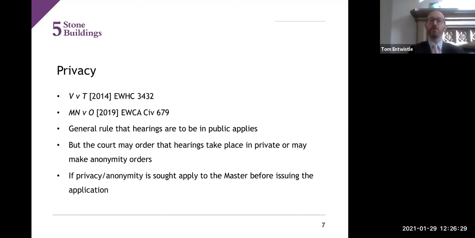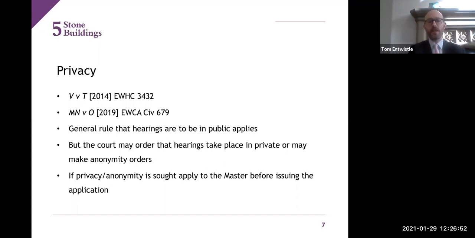There were no restrictions on naming the adult beneficiaries or reporting on the nature or value of the trust. And that reflected the fact that the court said that the evidence was less than it had been to justify the more extensive restrictions that were imposed in V and T.